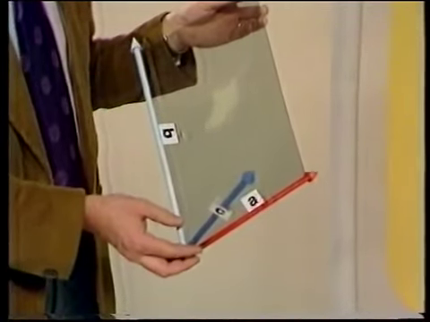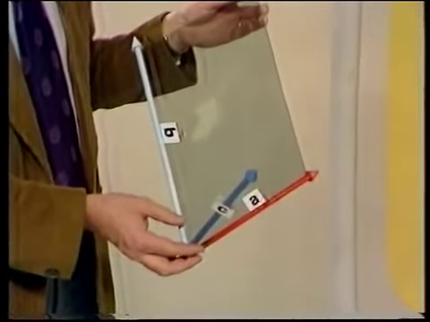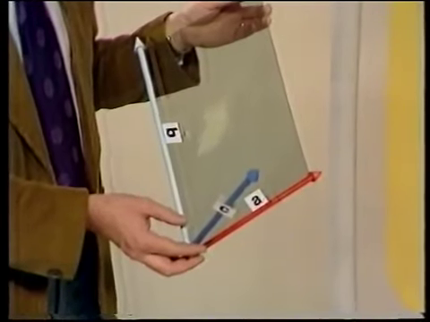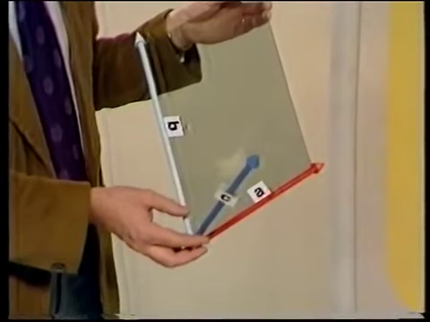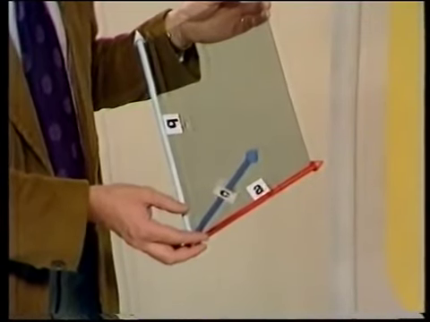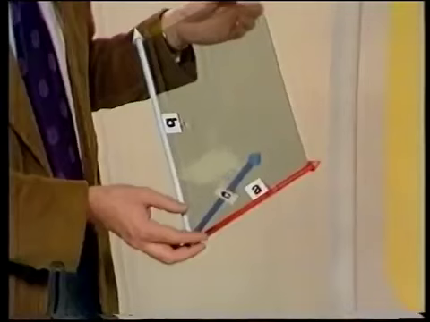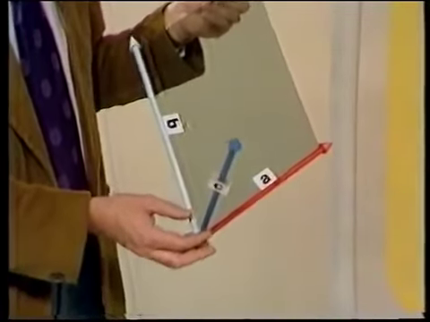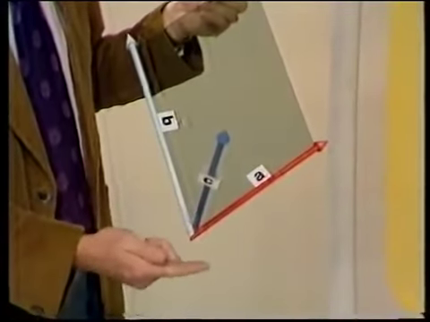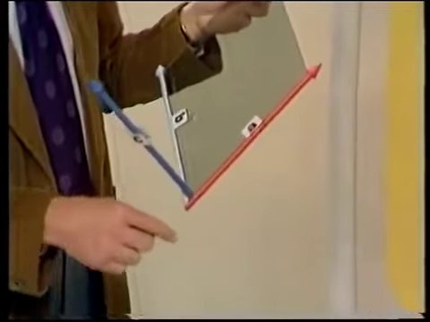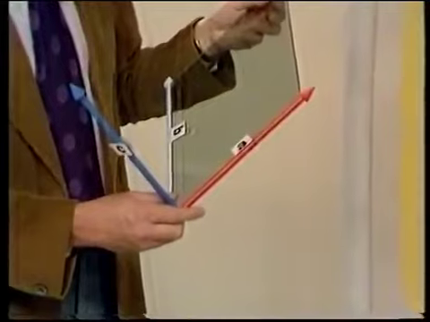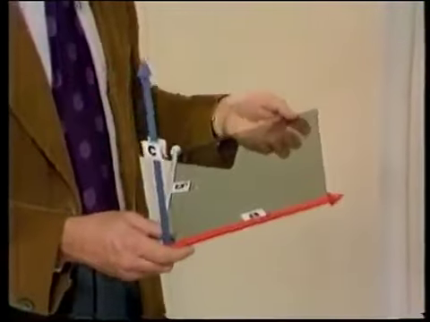Now then, suppose I'd wanted to form B cross A. The magnitude would be the same. B's got the same magnitude, A's got the same magnitude, and the angle between them hasn't altered. But what about C? Let's try the clock rule. B cross A, that way, opposite to C, minus C. So what have we found?